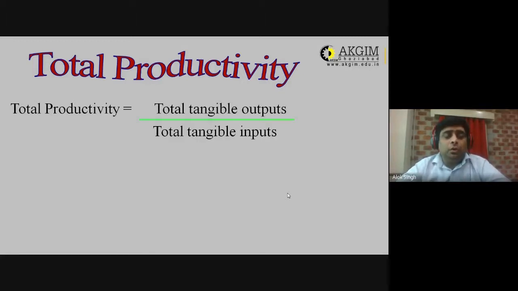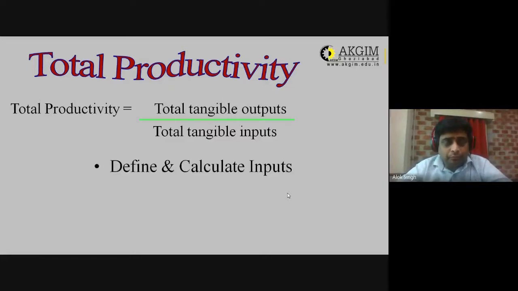So you will check total productivity based on what you are going to deliver to your customer, whether only product, only services, or both product and services. That way you will calculate the total productivity.